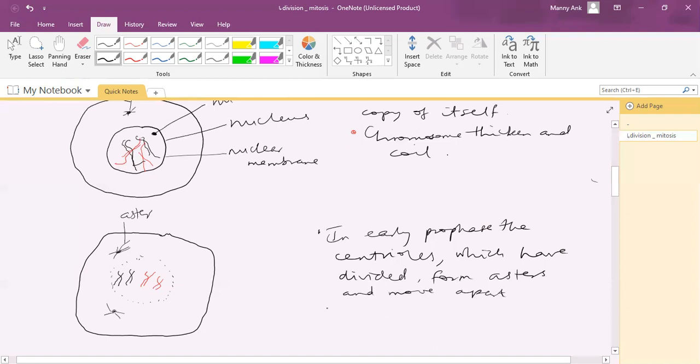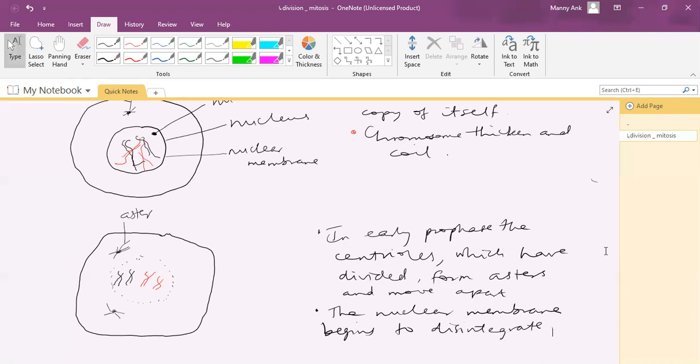Okay, so that's the first thing we said. Then secondly, the nuclear membrane begins to disintegrate. Okay. So that's what happens in prophase, right? The early part of prophase.